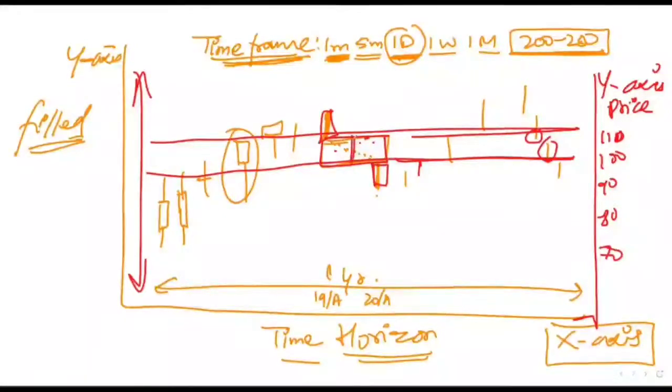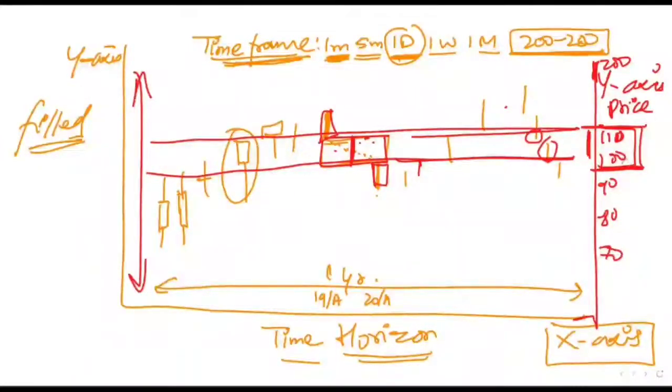So if the stock missed this zone between 100 to 110, let's say, it will recapture this zone. This gap will naturally be filled one day or the other. Before filling that gap, maybe the stock goes all the way to 200 also, who knows? But one day it will come back to its zone. For any gap created in any stock, it is generally believed in technical analysis that it will be filled up.